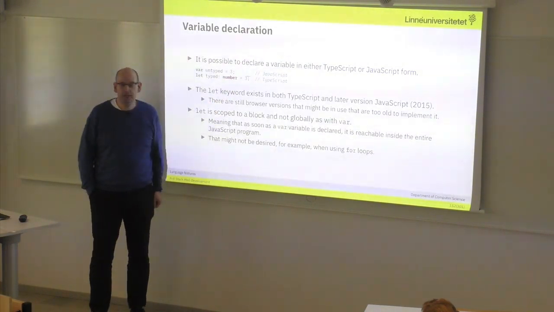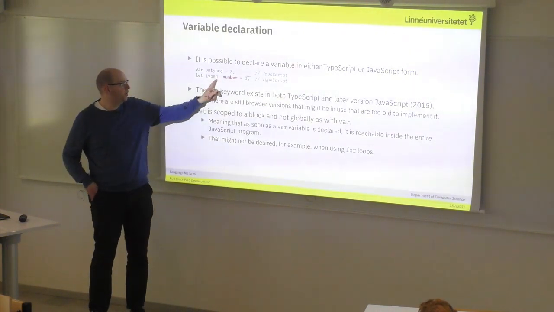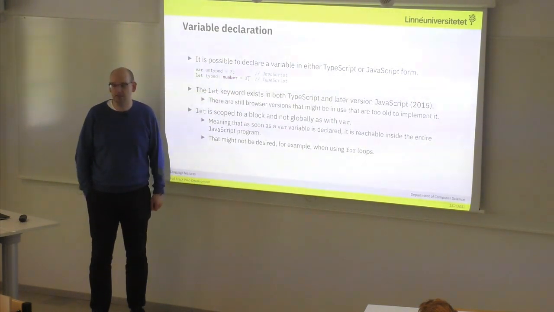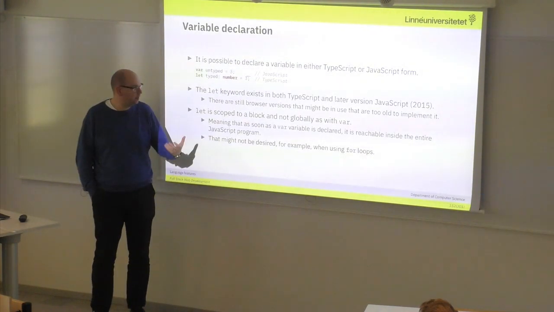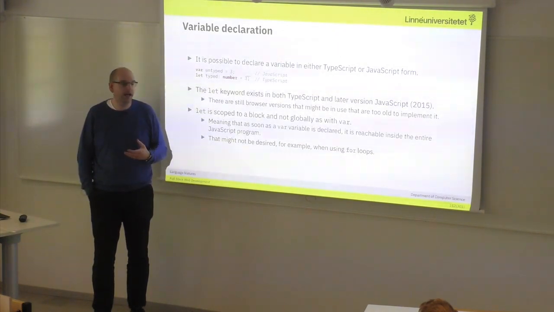And we can assign a value as well. It is, however, inferred, so in this case, we don't have to put number over here. We don't have to define this as a number if we assign it to 3. Because if we assign a variable to 3, then it infers that this variable will be declared as a number.